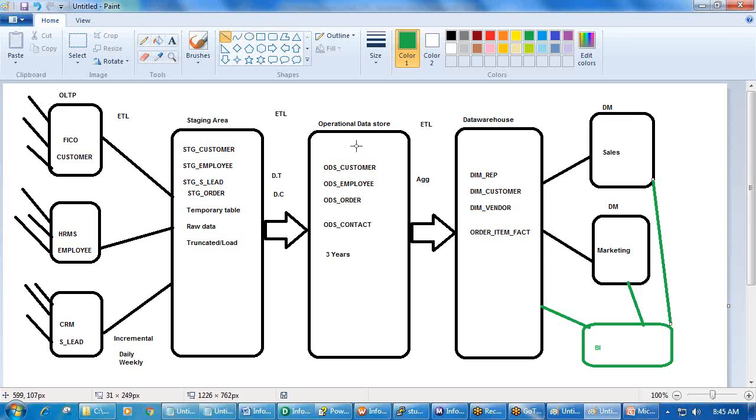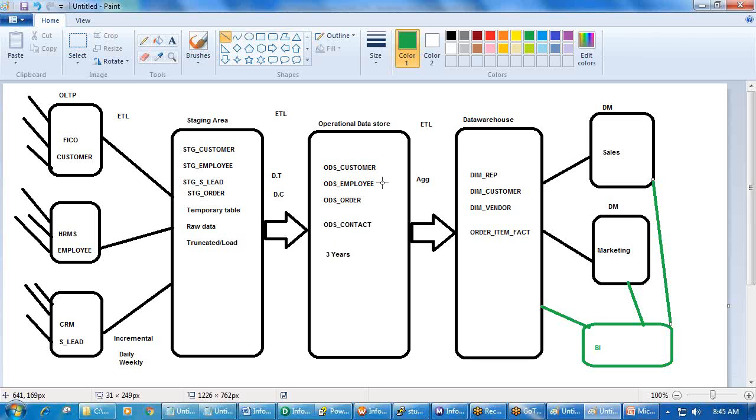That also depends. When you talk about this operational data store, is it mandatory that we build an operational data store, or can we load the data from the staging area directly to the data warehouse? Yes, it can be done, but the operational data store is more used for operational purposes. I'll give you one example.